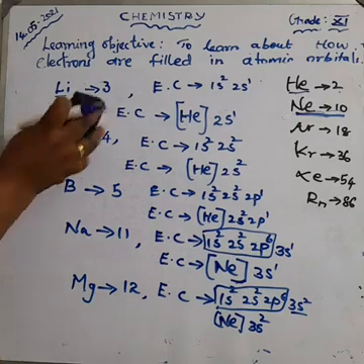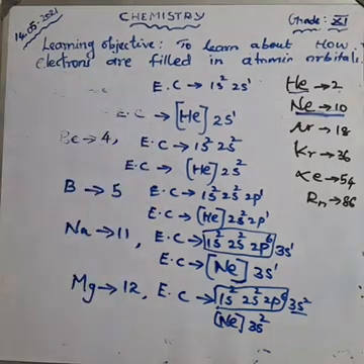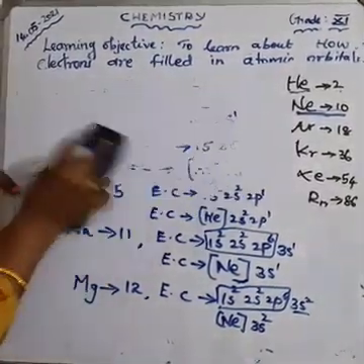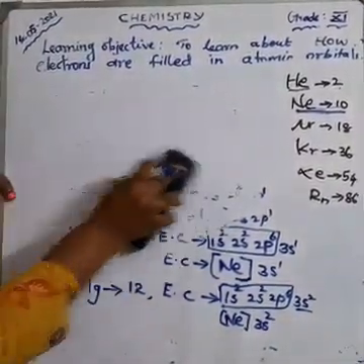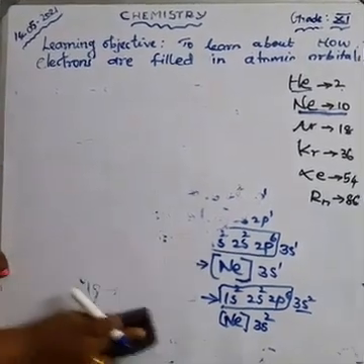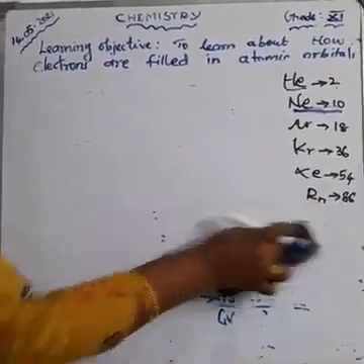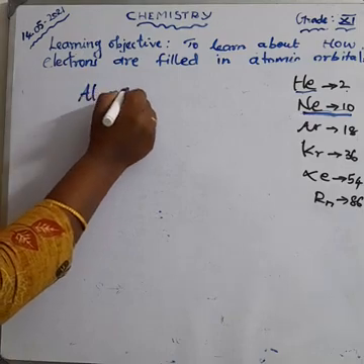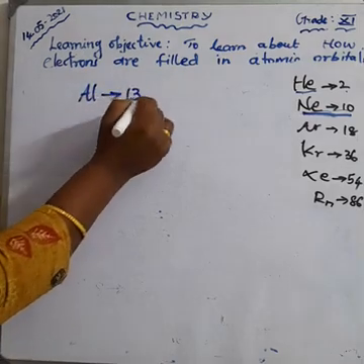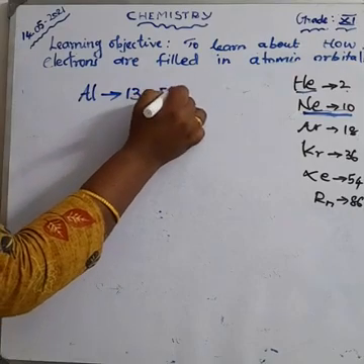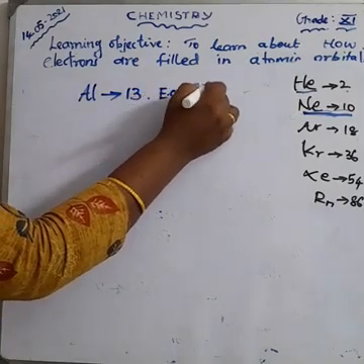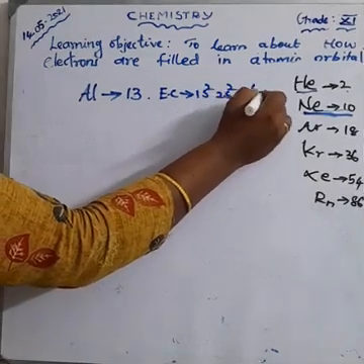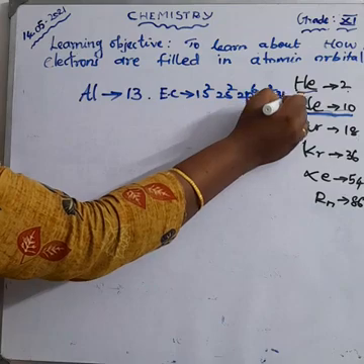Okay, and then aluminium. You know, the atomic number for aluminium is 13. How do you write the electronic configuration? 1s2, 2s2, 2p6, 3s2 and 3p1.